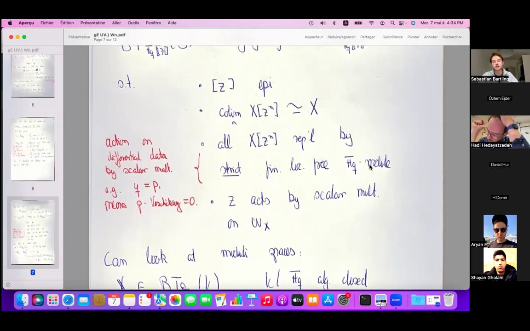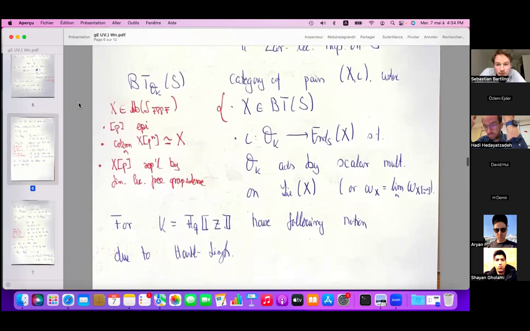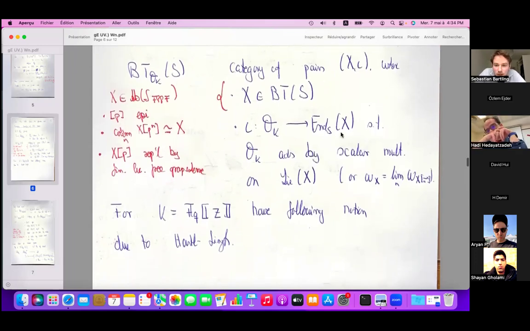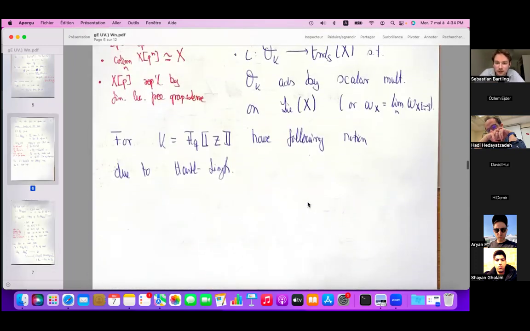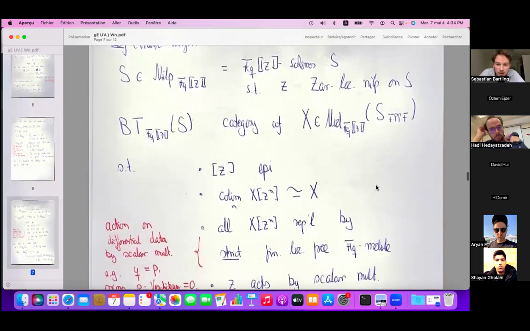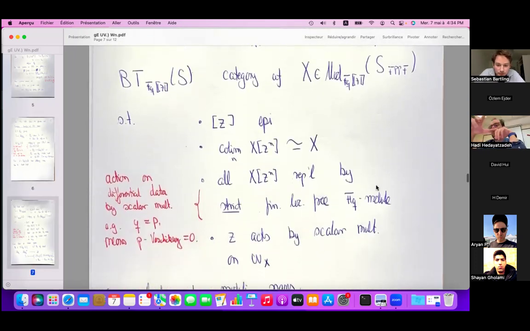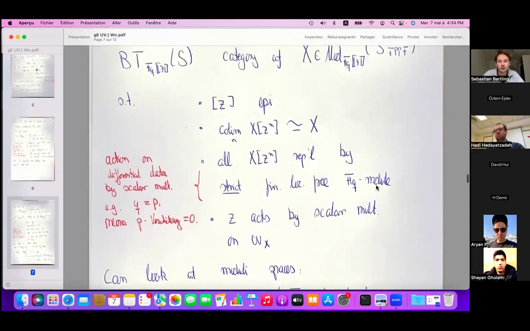One can also say that if you have some BT_{O_K}, then you can look at the π^n torsion and prove that it's also strict as an O_K-module in the sense of Faltings. So in this sense, it's really pretty analogous. Very good. So these are the objects we want to parameterize in the moduli problem.